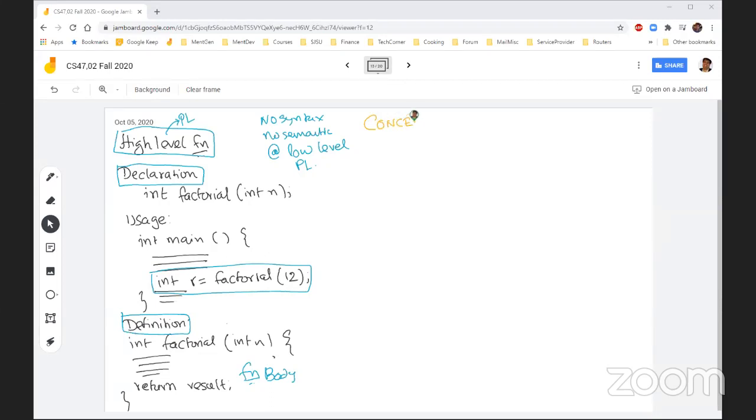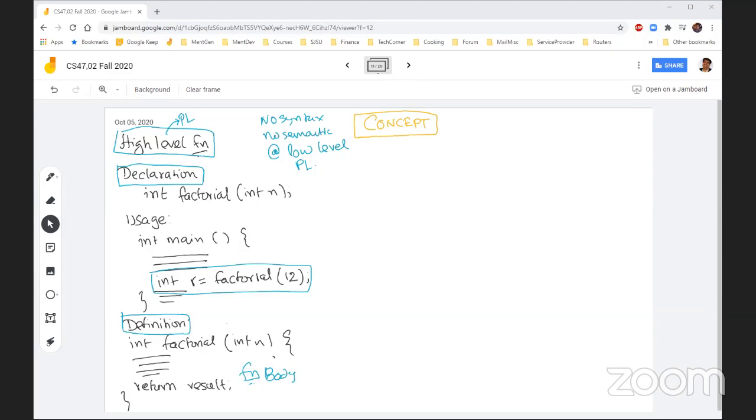You need to grasp this idea. There is no syntax, no semantics; you don't need to declare a function. You don't need a specific syntax to define the body of a function. There is no such thing. It's only at the concept level.